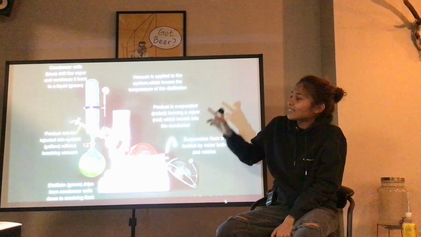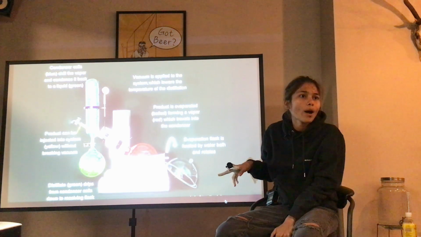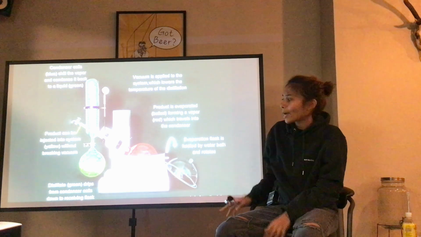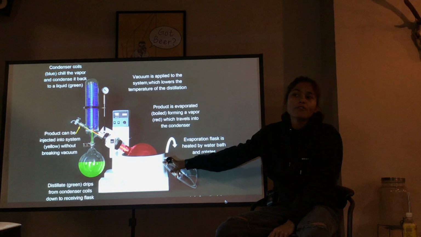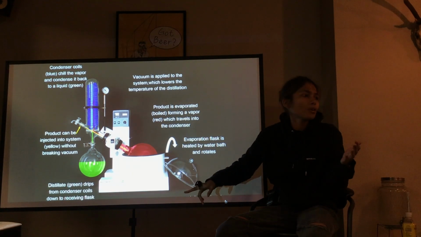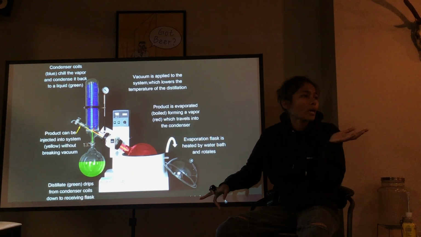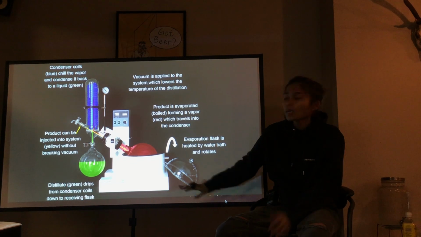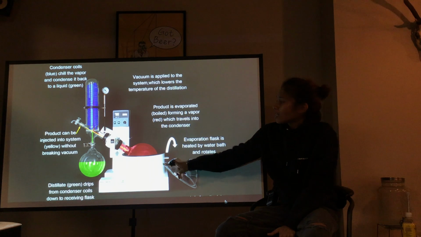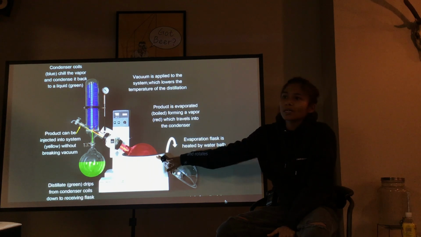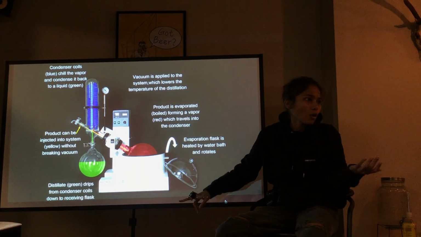This is a very small scale version of what a rotary evaporator would look like. Essentially, here is a heating bath. For spirits, it would have to heat up to 79, but because you put it under vacuum, it can go as low as 16 degrees. And then this is a rotating flask. Imagine I want to make a strawberry gin.